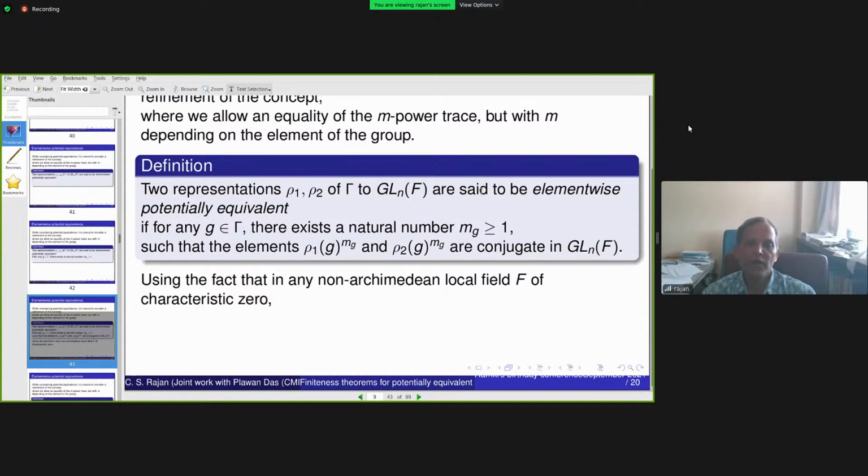Now, the previous theorem was for F any field of characteristic 0, but now we restrict our attention to a non-Archimedean local field F of characteristic 0.